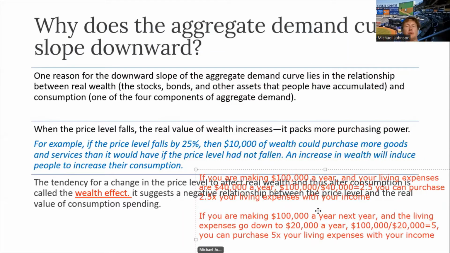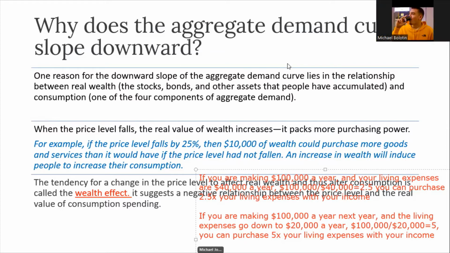But what you brought up is a good point, because if your expenses go down, your income is likely to go down too. There'd be less money coming into the economy, but here we're just assuming that income would stay the same.